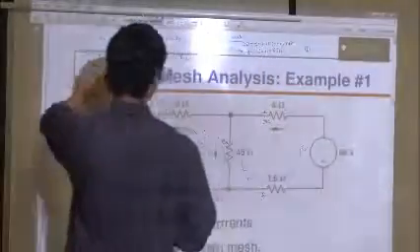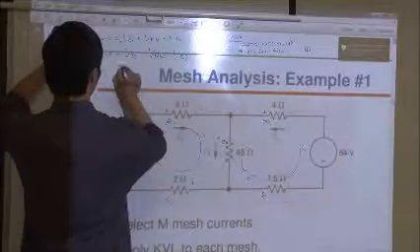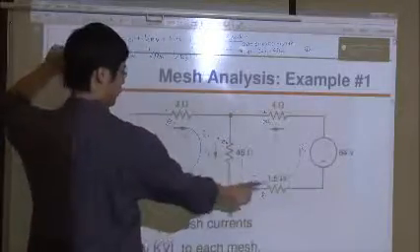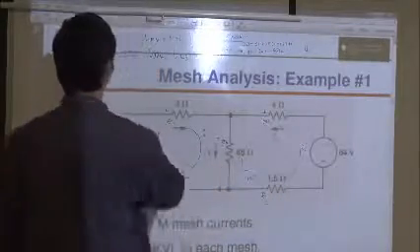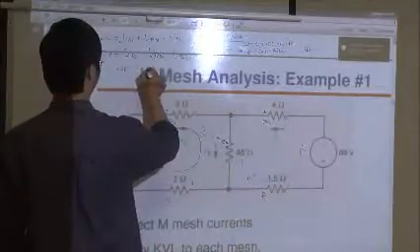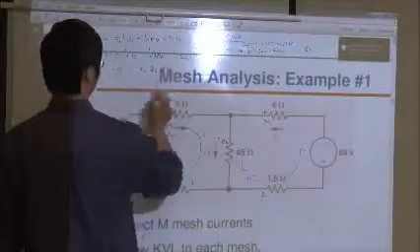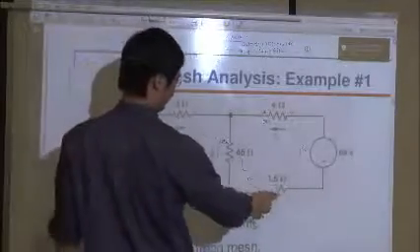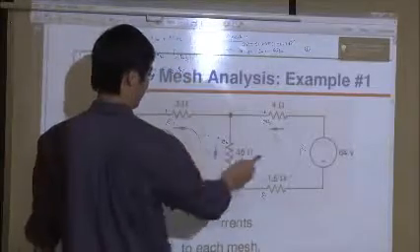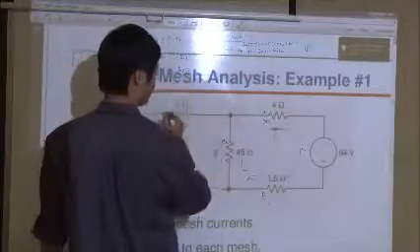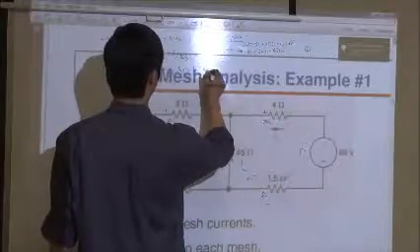So let's try to solve VR5 first. All we know is IR5 times R5, right? IR5 is this way, so that's I2 times R5, which is 1.5 I2.